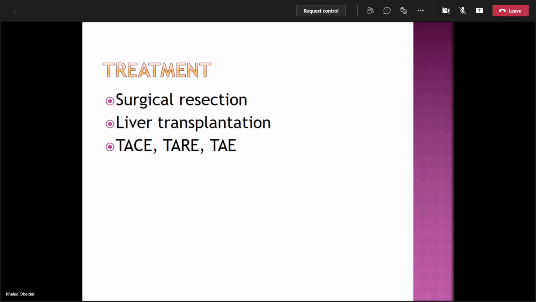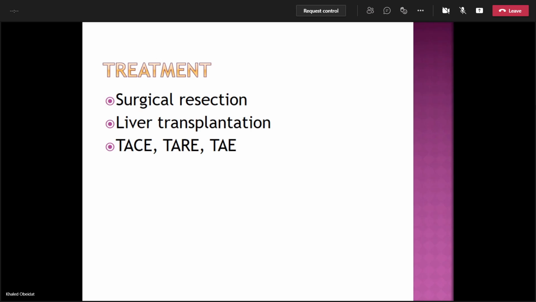Those who have compensated liver cirrhosis with preserved function, Child A classification, may be able to tolerate resection, while those who are Child C will not be able to tolerate major resection, and so will be more likely to be offered liver transplantation.